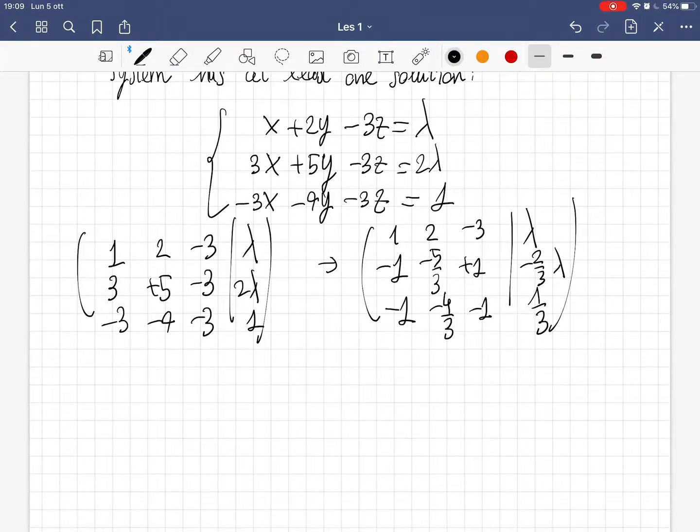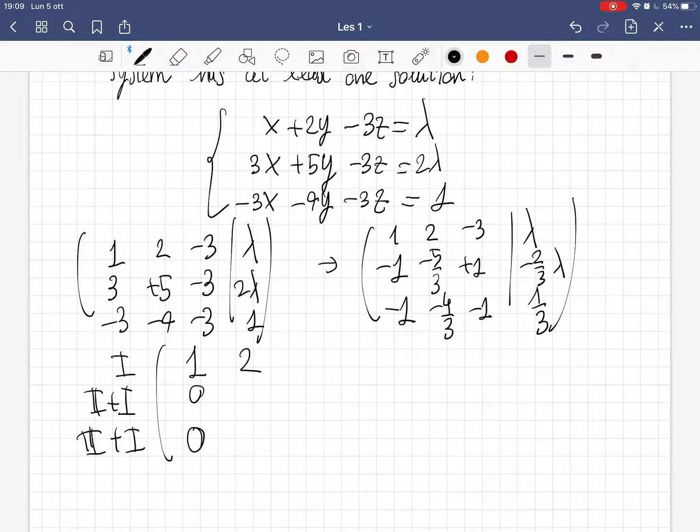Now you can replace this row with this plus this, and this row with this plus this. So you do as we've seen before, 2 plus 1 and 3 plus 1 again. So you get 1, and so 0, 0, which is good.